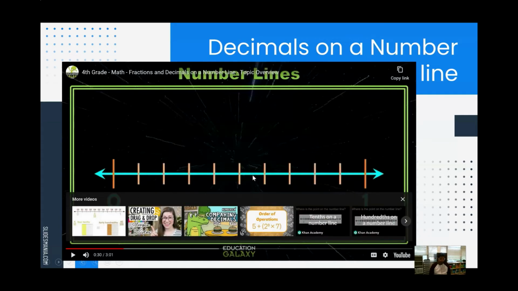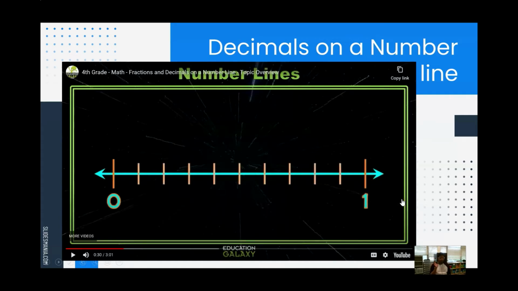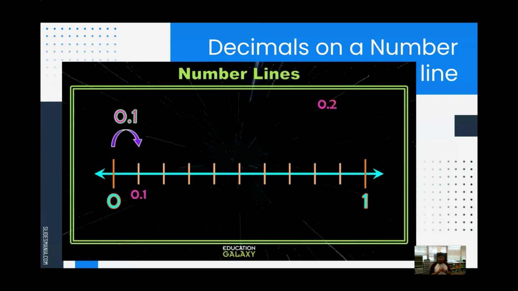Anyone? So we're going from 0 to 1. Okay, we're not going from 0 to 10, so these little marks right here can't be 1, 2, 3 because it's 0 to 1. It's a tenth. So that makes the first tick mark 1 tenth, the next tick mark 2 tenths, next tick mark 3 tenths.